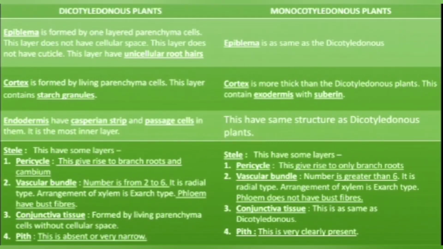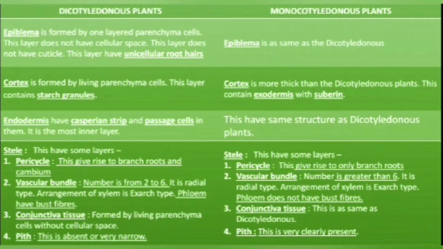Now let us discuss in detail. The dicotyledonous plants. In the case of dicotyledons, the epiblema is formed by one layer of parenchyma cells and this layer has unicellular root hairs. The epiblema is the same in monocotyledons.